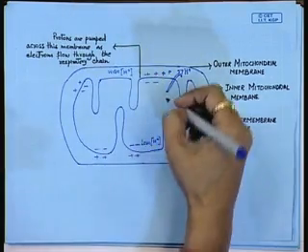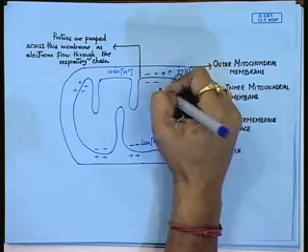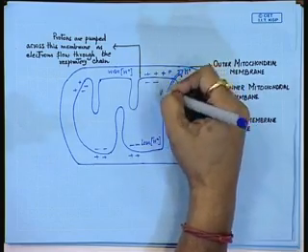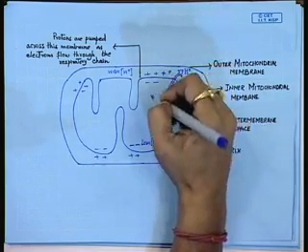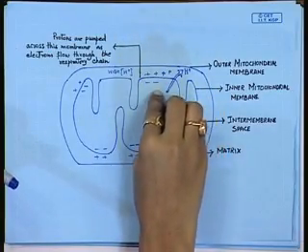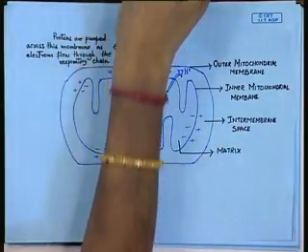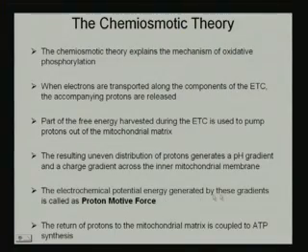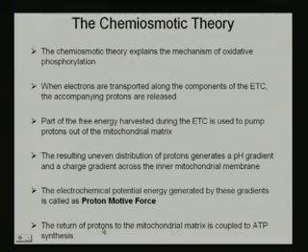So, in this way a gradient is formed, either an electrochemical gradient or a pH gradient, between the matrix and the intermembrane space. The electrochemical potential energy generated by this gradient is called the proton motive force. The return of protons to the mitochondrial matrix is coupled to ATP synthesis.